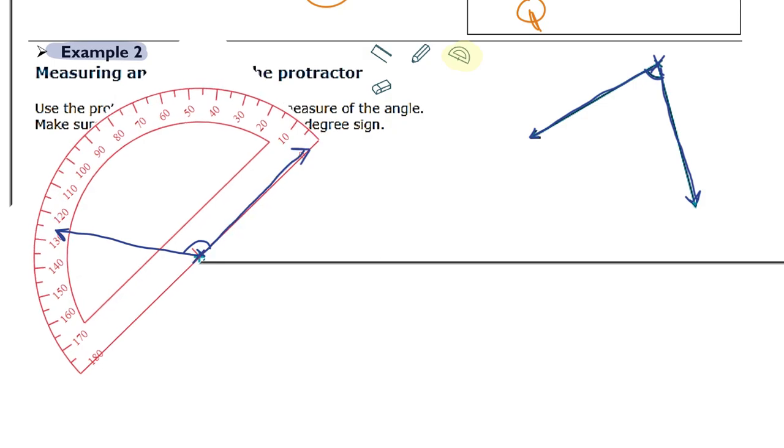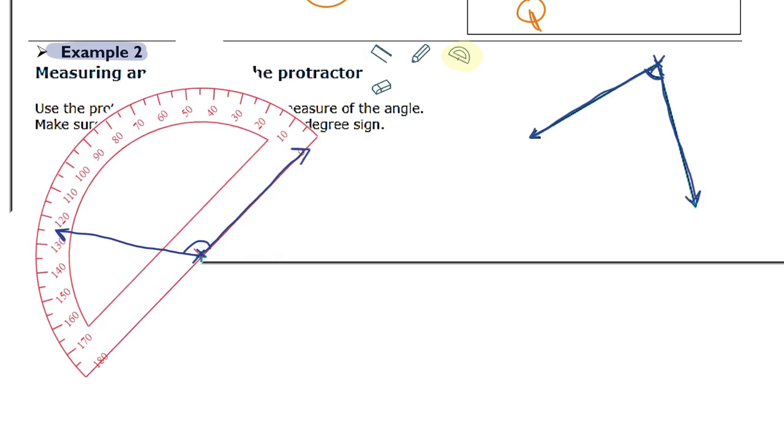If I measure this a little bit more accurately, it goes up by 10s, and in the middle it's by 5s. So it goes up to 120, and in the middle of 120 and 130 is 125. These will always be to the nearest 5 degrees, just for simplicity's sake. So this angle right here is going to be 125 degrees.